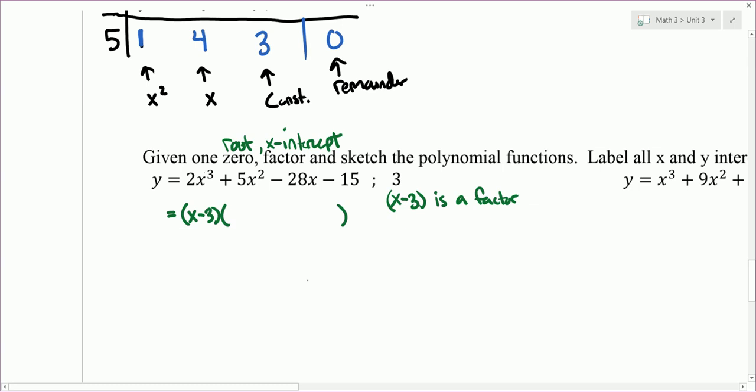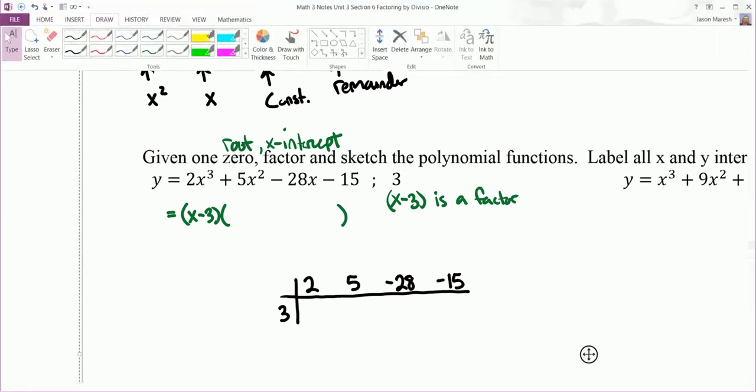So set up a synthetic division table. We have 2x to the third, 5x squared, negative 28x, negative 15. Those are the coefficients. x minus 3 is what we want to divide it by, but we're going to use the x-intercept, which is 3.